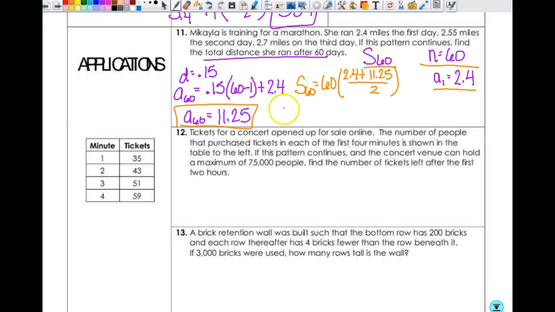And then we can say the total distance ran after 60 days is how much? 409.5 miles.